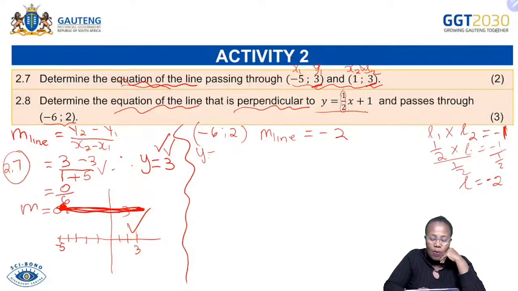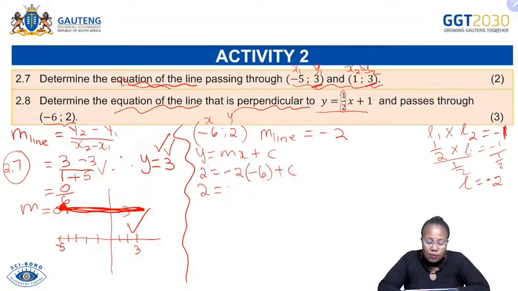Then we can go y = mx + c. And then our y, this is x and y, y is 2, gradient -2, x is -6, plus c. Then this is 2 = -2 times -6, which is +12, and then we have c there. We take 12 to this side, it will be -12 plus 2, which is -10, equal to c.